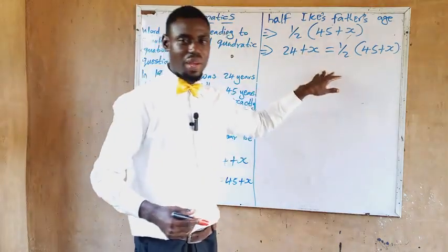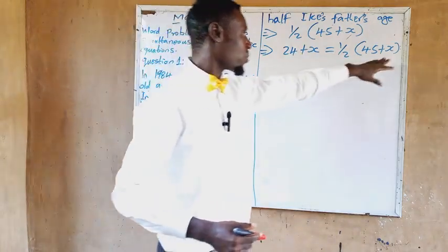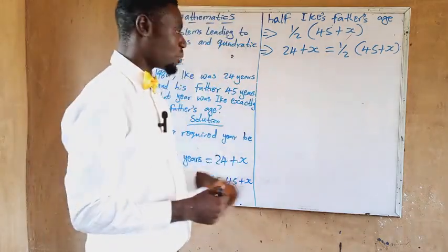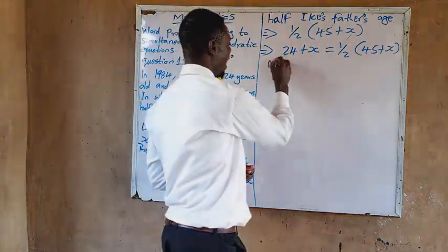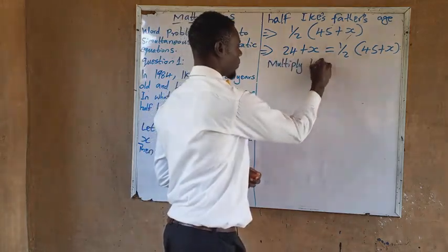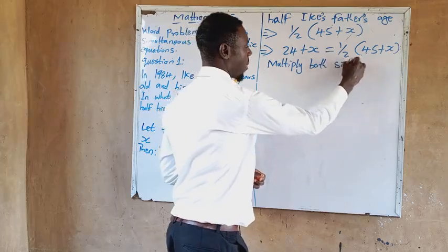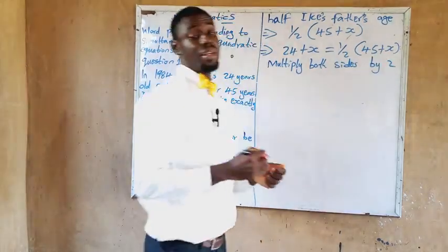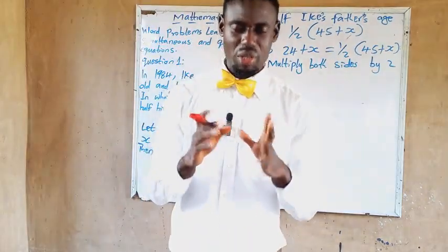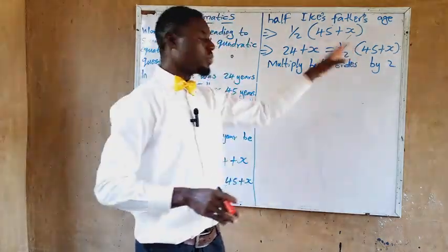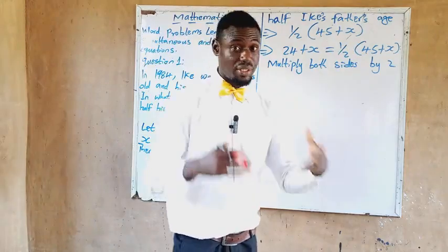Now, we are getting some variables like this X here. I think we should collect like terms. But before we collect like terms, we multiply both sides by 2. The reason we are multiplying both sides by 2 is because we want to remove this fraction, and the denominator there is 2.